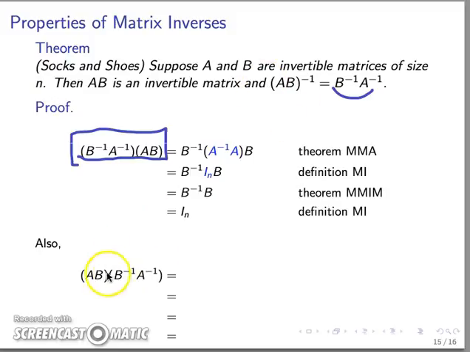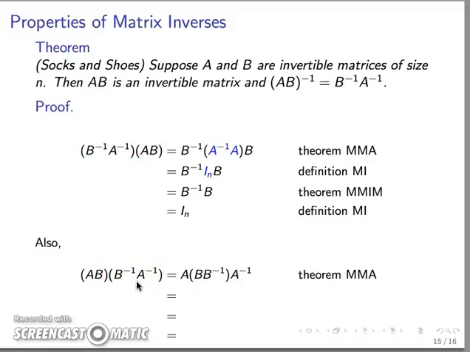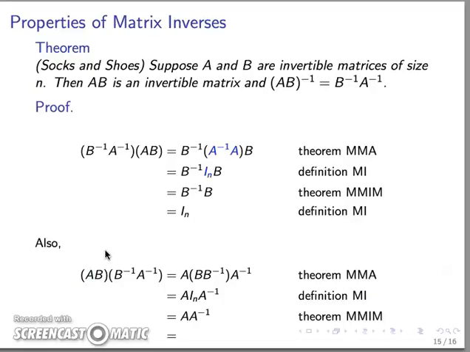So now we verify that reversing the order of these products, AB on the left side and the matrix B inverse A inverse on the right side, for reasons similar to the previous ones, these two matrices in the middle can be grouped, and A inverse times A... B times B inverse equals the identity. And then we have A times A inverse, which is equal to the identity matrix. So we have verified, this is the proof of this theorem, that indeed B inverse times A inverse is the inverse of the product.